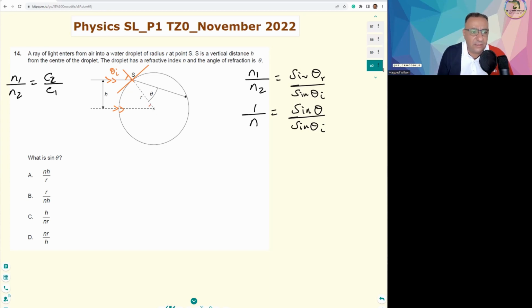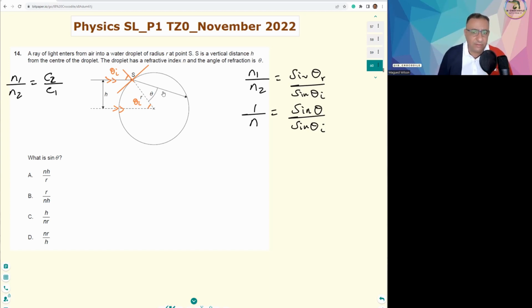So this angle here is also theta i. And theta, which is the angle of refraction and what we are looking for, is between the normal and the refracted ray, which makes sense.